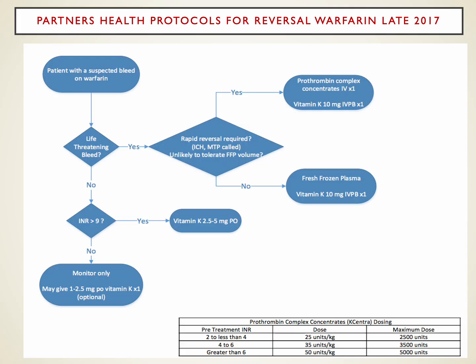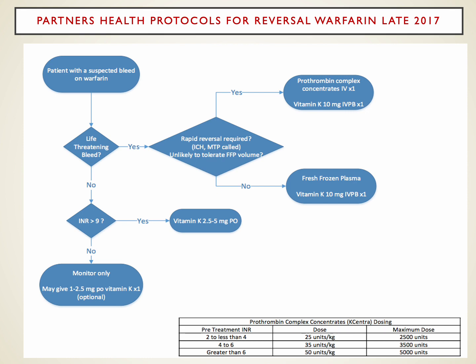So I happen to work at a hospital that is one of the partners, Mass General hospitals in the Northeast. And here was, as of late 2017, their algorithm for reversing warfarin. You can see that if it was a life-threatening bleed, they looked at rapid reversal, typically with vitamin K and either fresh frozen plasma or the prothrombin complex concentrate, Kcentra, which we'll talk about in a minute.